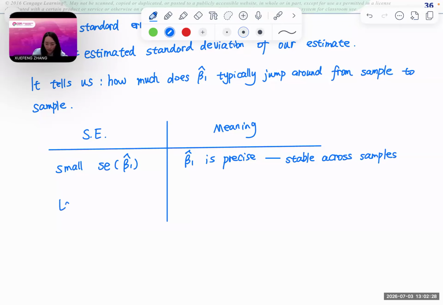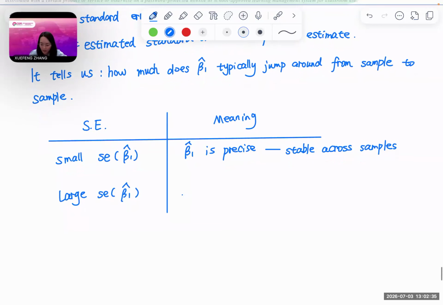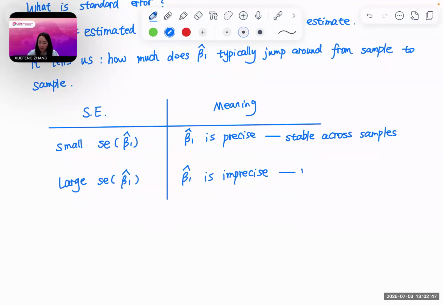Another one is large SE of beta 1 hat, which means beta 1 hat is imprecise. So it jumps around a lot.